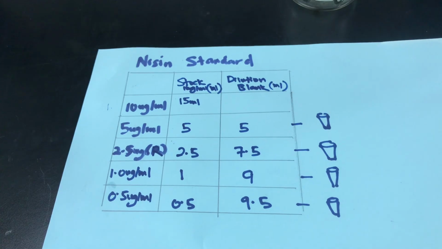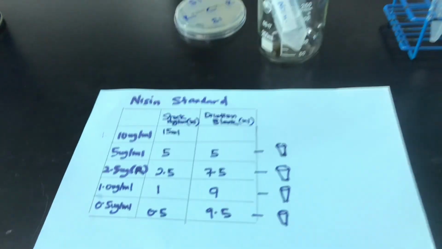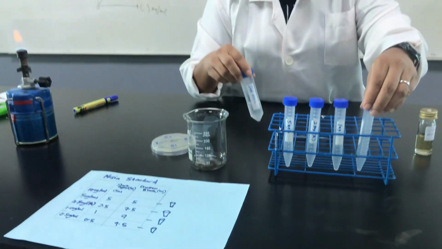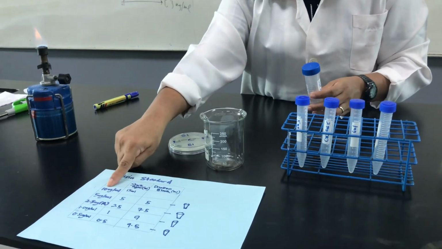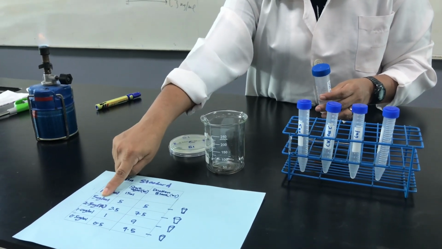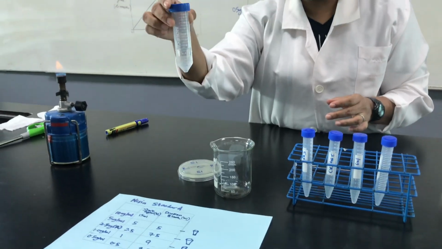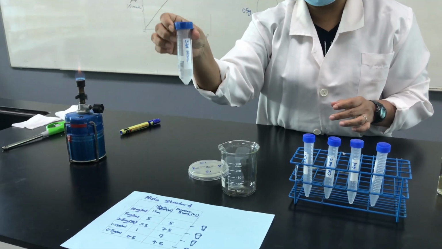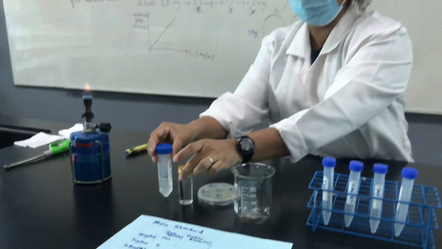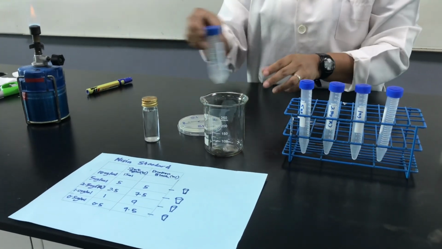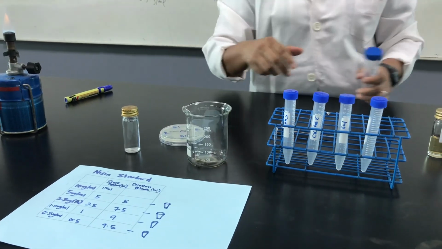For the first one, we don't have to do the dilution because it's concentrated. Now for the second one, we need to dilute 5 ml of this stock Nisin with 5 ml of the diluent. This is the diluent. We'll combine these two in order to make the dilution. I'll show you the process.